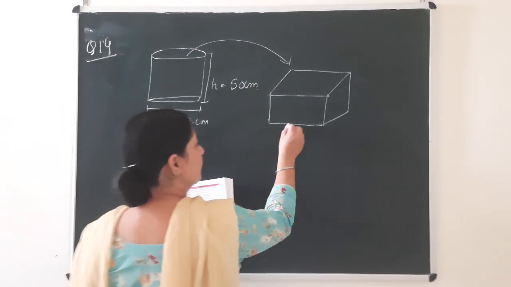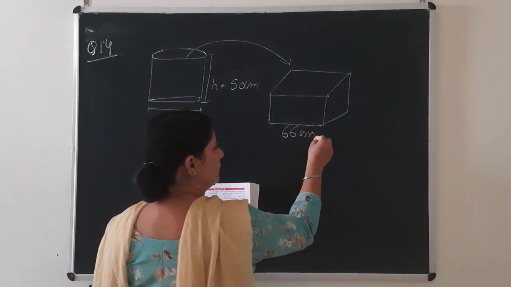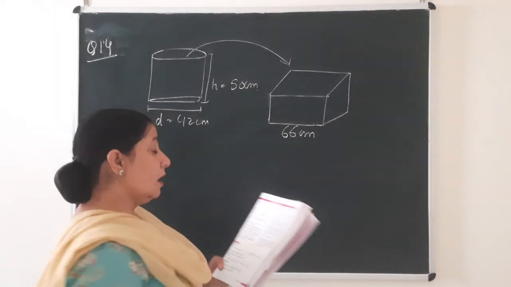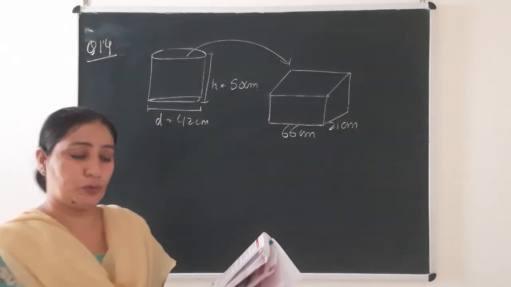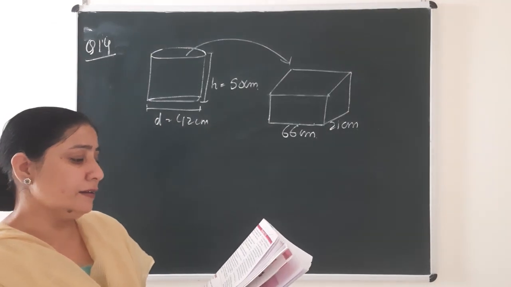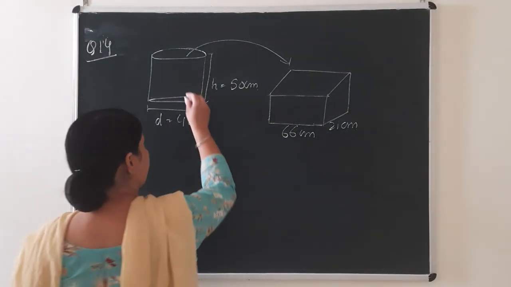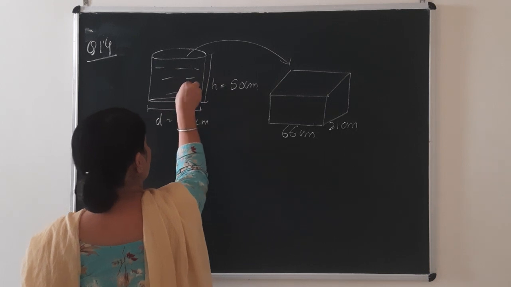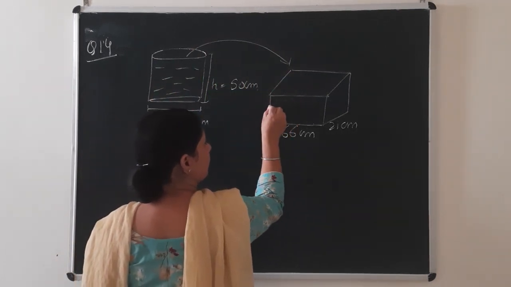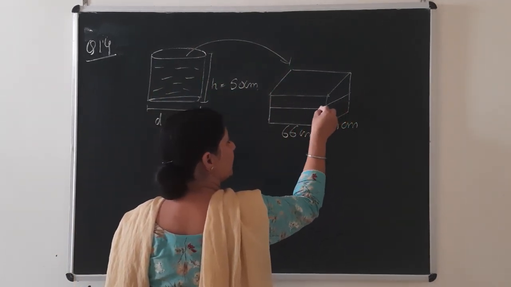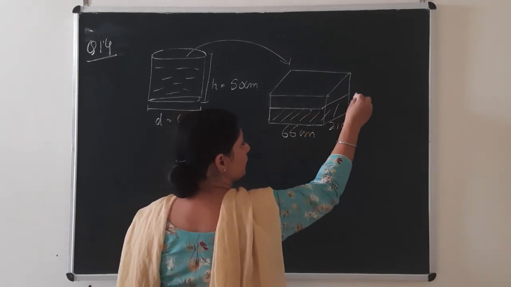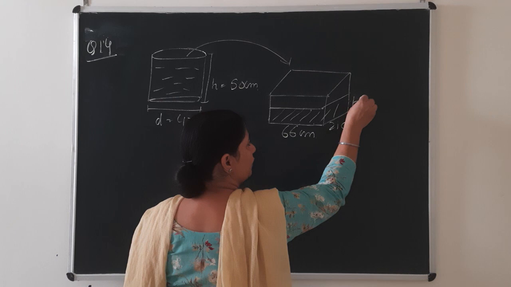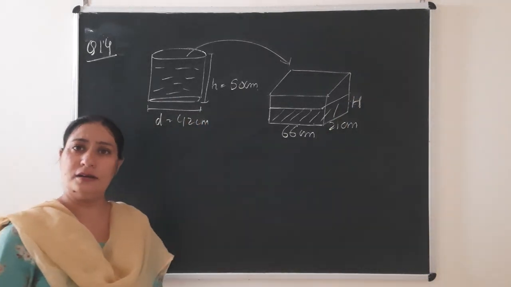The tank is 66 centimeter long and 21 centimeter wide, 21 centimeter is the breadth. We want to find the height of the water level in the tank. Suppose this is the water level, so we are finding its height. That is, what is the height of the water in the tank.